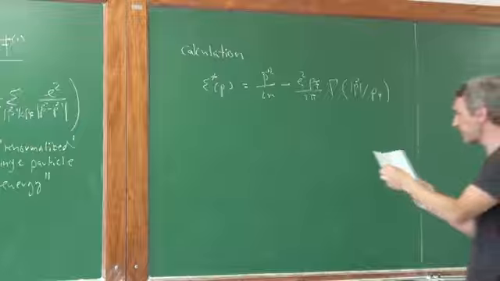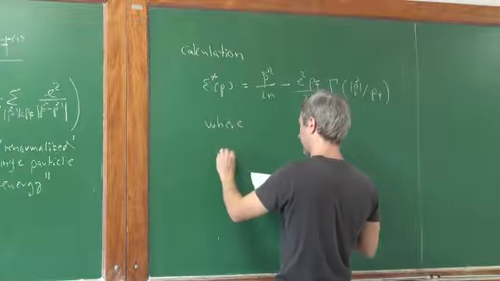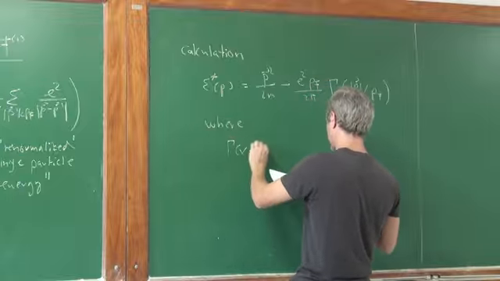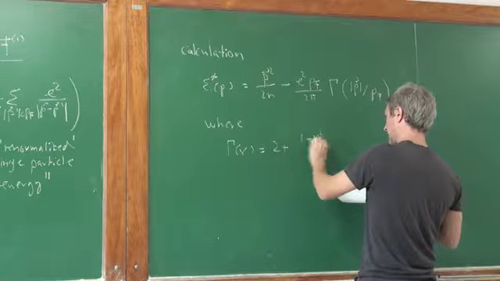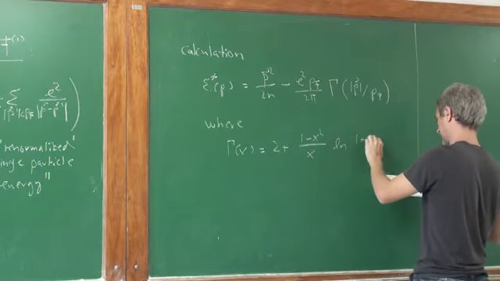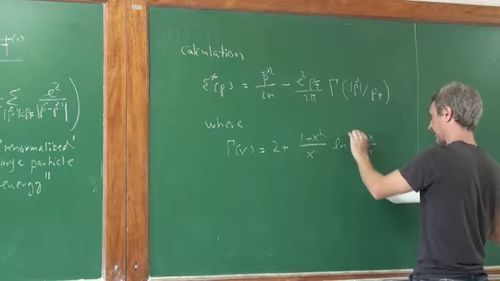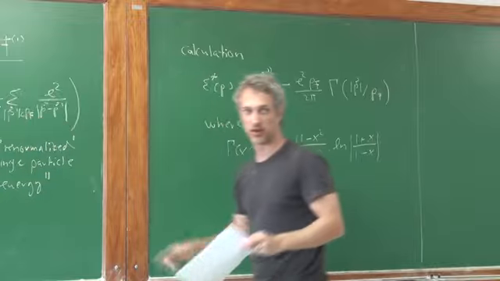Okay, this function gamma has the following form. Gamma of x is 2 plus (1 minus x squared) over x times ln of (1 plus x) divided by (1 minus x). So this is the result of doing this integration here.